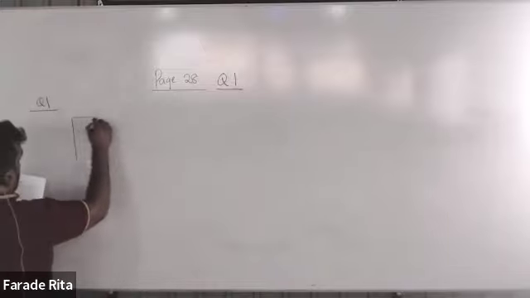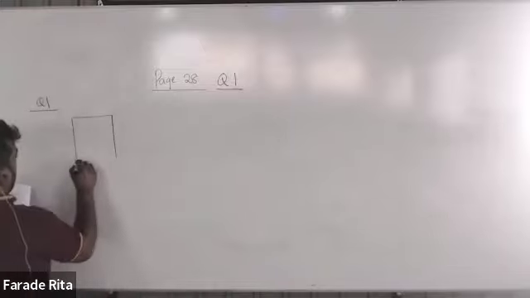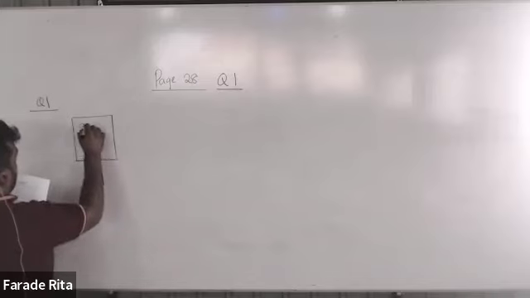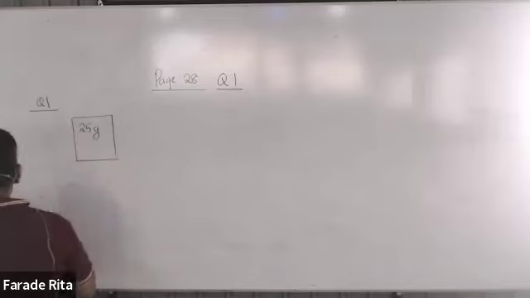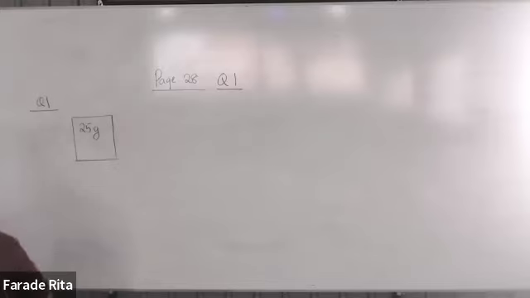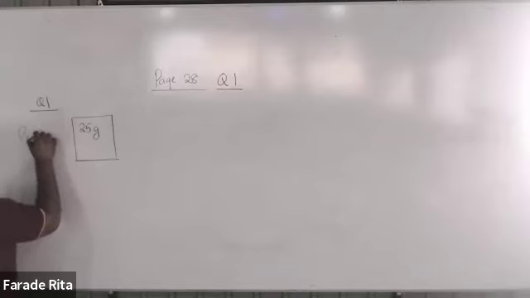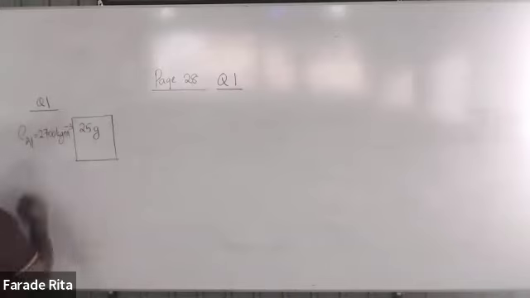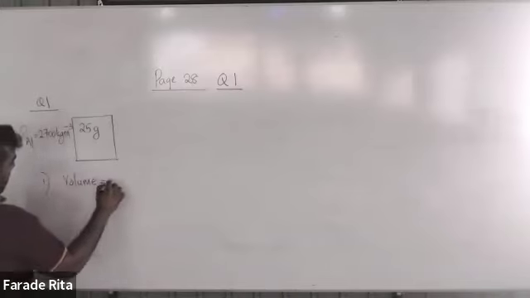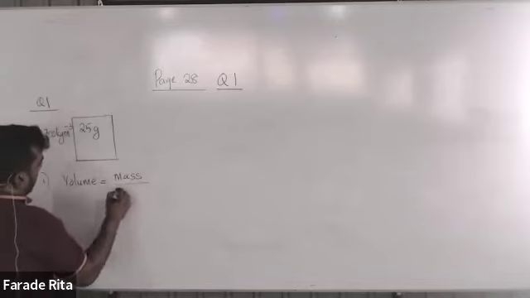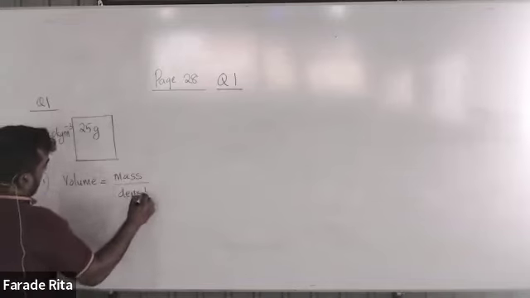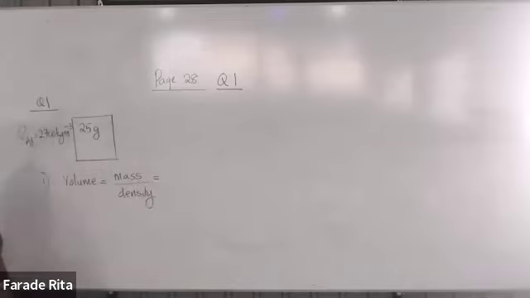Mass of aluminium, 25 grams. They have given you the density of aluminium, 2700 kilograms per meter cube. So volume of aluminium is mass over density.